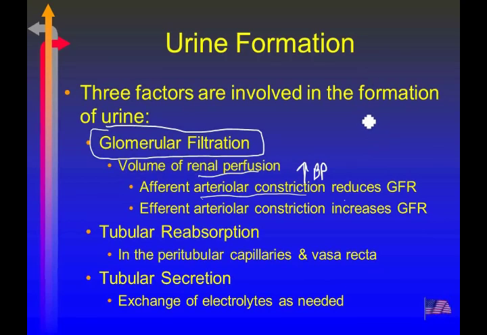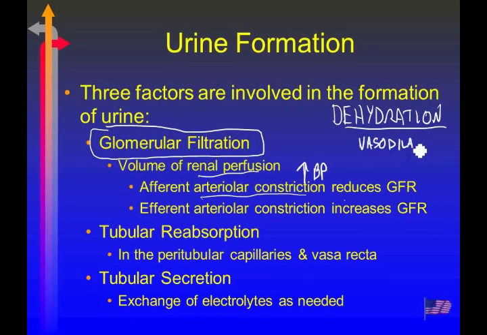So let me go back and reiterate myself because I said it wrong. If I have a situation where I'm dehydrated, the body senses that there's a reduction in the amount of circulating blood volume, preload is down. It's going to go ahead and vasodilate the afferents. By doing that, you're not allowing as much blood to be pushed through the glomerulus.